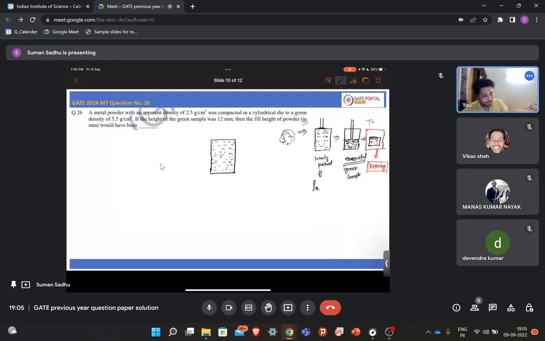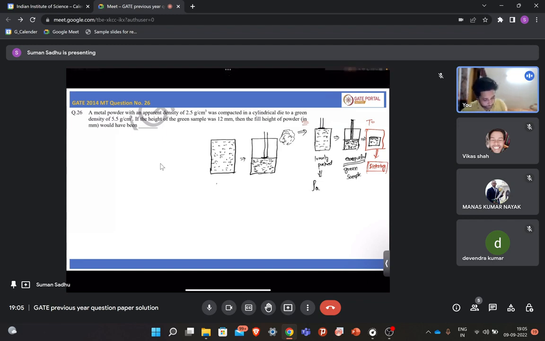Then let's say you compacted it. So when you compacted, then it goes into the next stage. There the density increases and it becomes a much more compacted form, right? This is the piston.